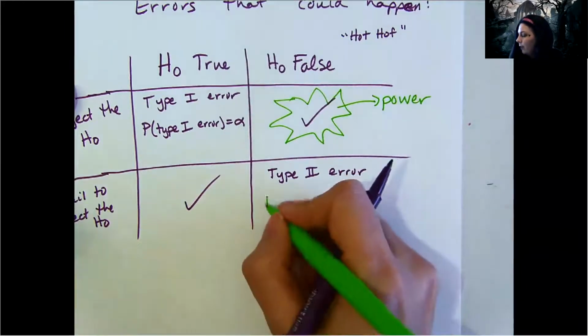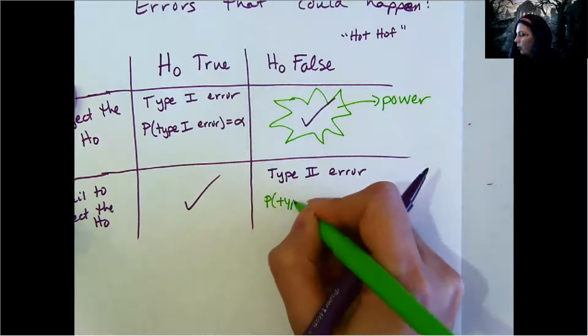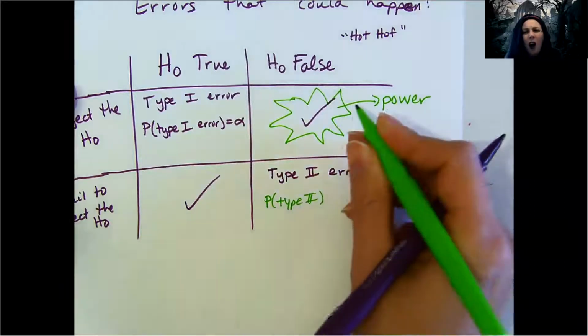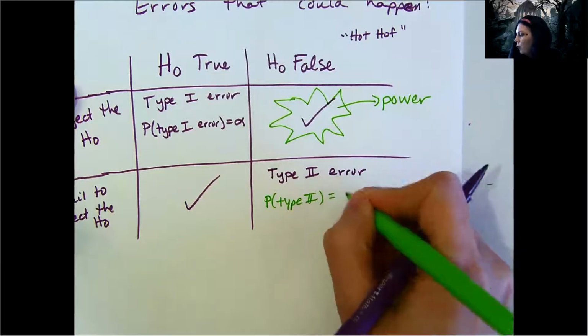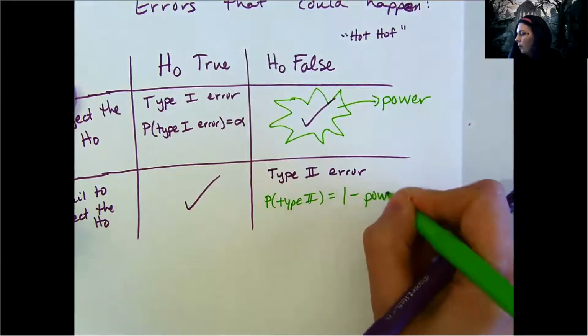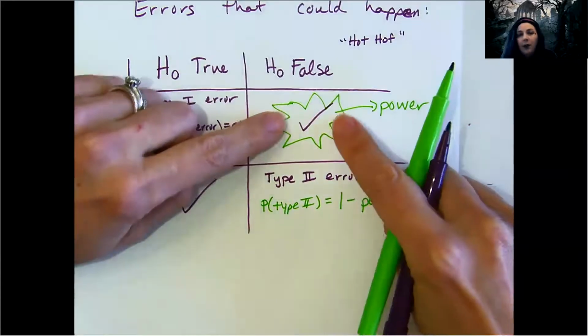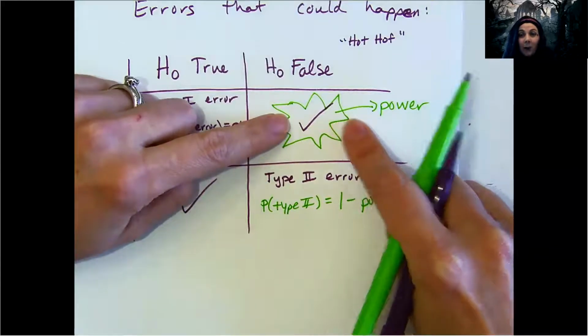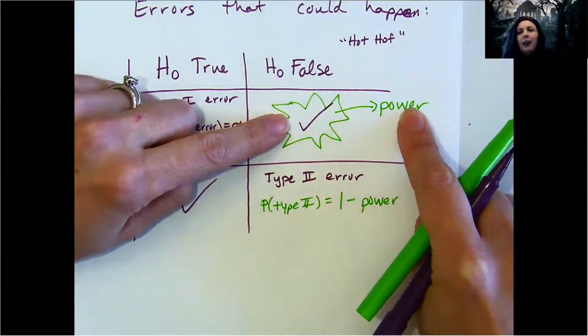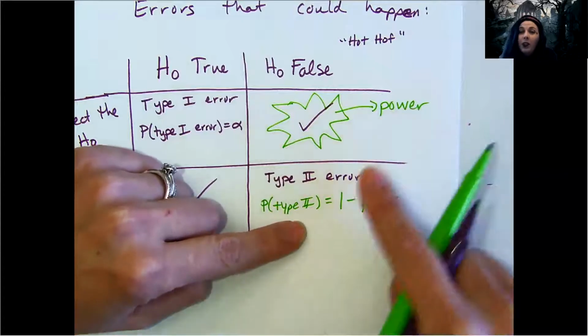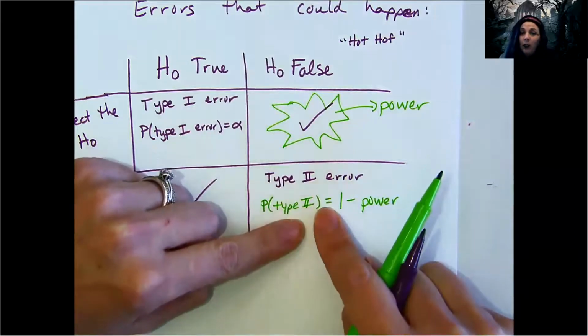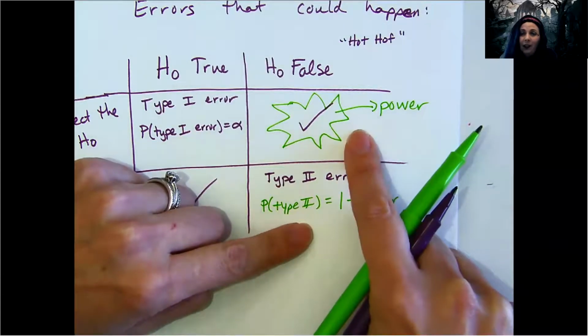The probability of type 2 error is the complement to power. So it's 1 minus the power. So if there's a 90% chance of getting it right, 90% power level, then that means there's a 10% chance of getting it wrong. So these two go hand in hand.